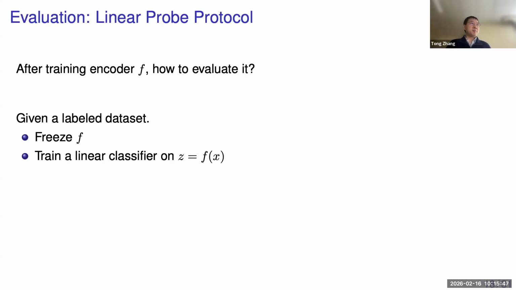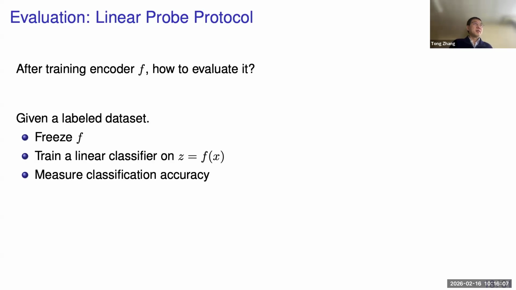It doesn't see the label. So it's kind of a fair game in some sense. You get a lot of unlabeled data, and then you train a classifier with this labeled data, but with F frozen. You just train a top layer, and then you measure the accuracy.